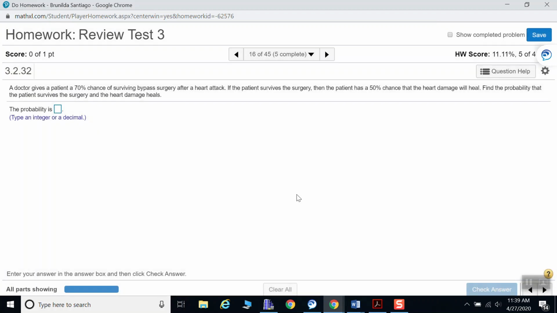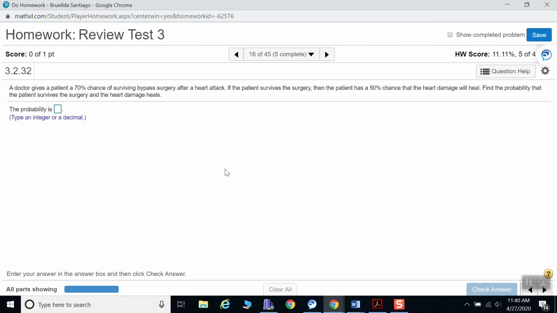Next, question 16. A doctor gives a patient a 70% chance of surviving bypass surgery after a heart attack. If the patient survives the surgery, then the patient has a 50% chance that the heart damage will heal. Find the probability that the patient survives the surgery and the heart damage heals.